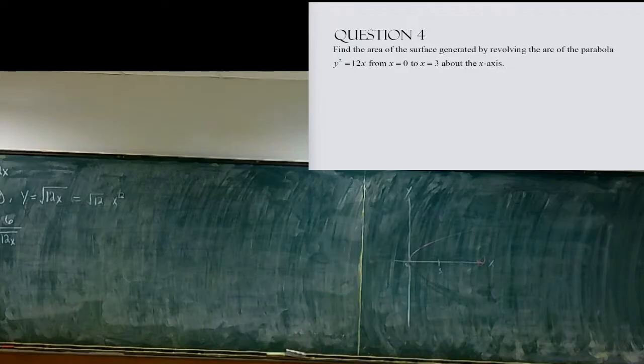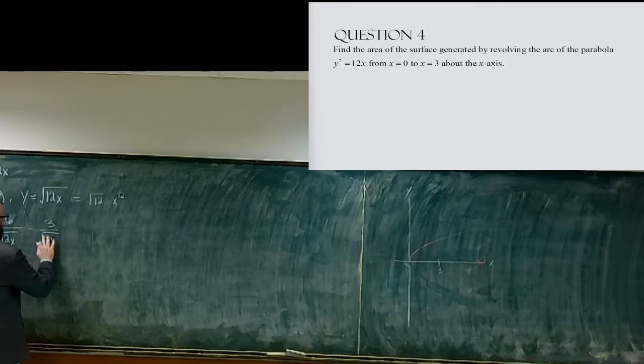That's just 6 over square root of 12x. But by the way, square root of 12 is 2 root 3, so I can simplify this even further: 3 over the square root of 3x. It just makes the arithmetic a little bit easier.